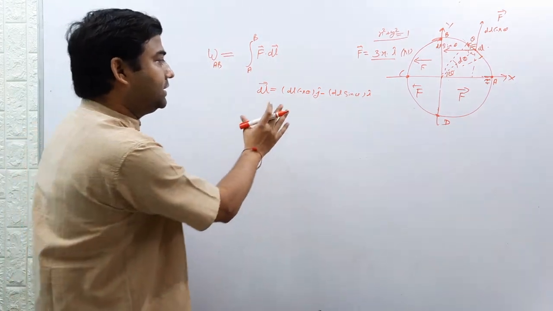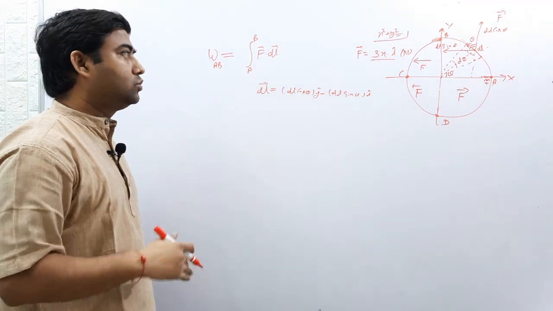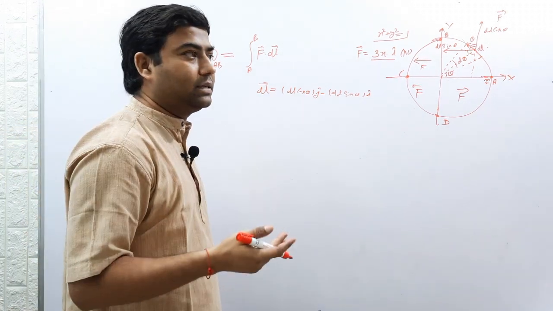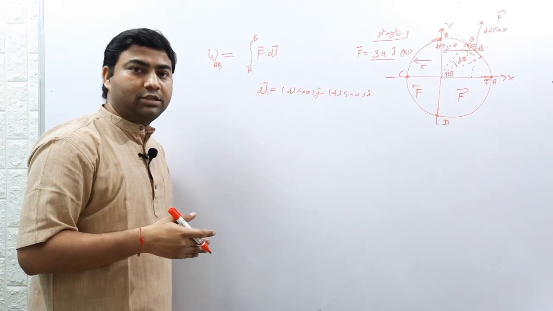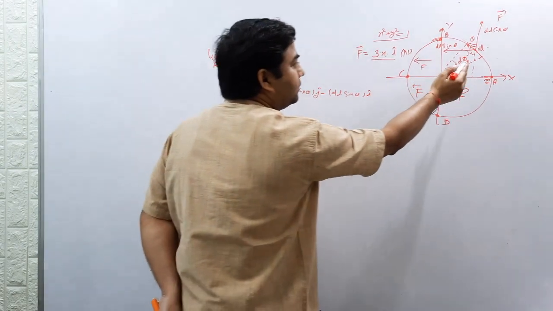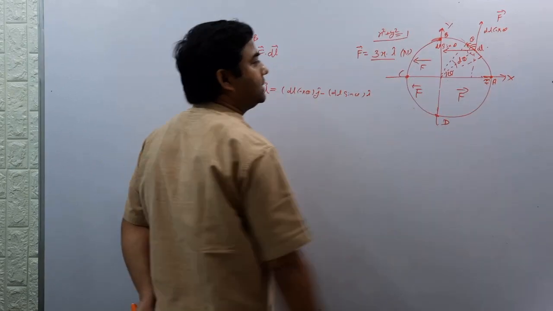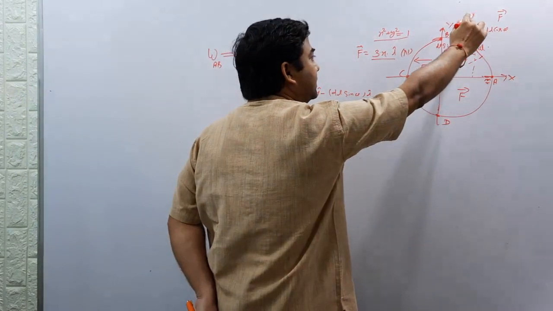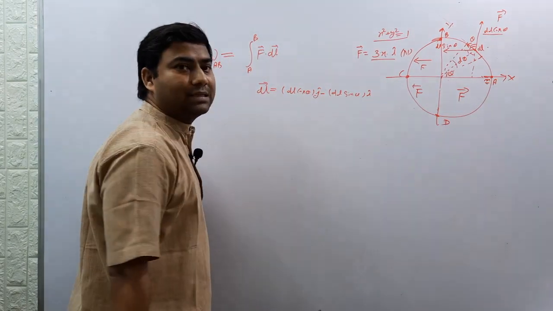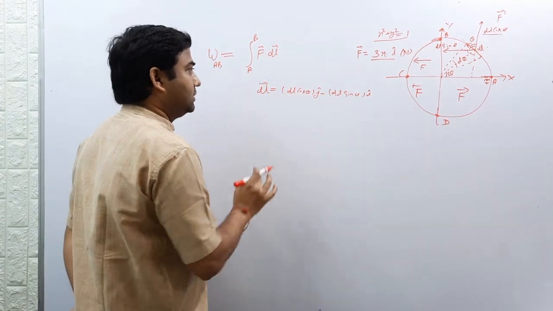You can write it like this: vector dl we have divided into vertical and horizontal components to make the problem easy, which we discussed in the vector chapter. Based on that we have divided vector dl. Vector dl is along the tangent at that point. So the vertical component of vector dl is dl cos theta, and the horizontal component is dl sin theta. So vector dl can be represented like this.